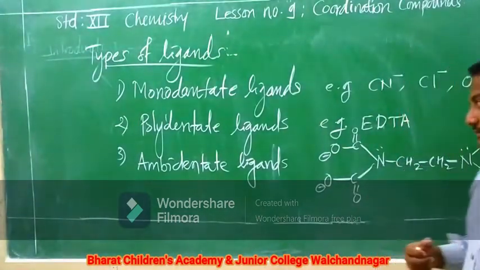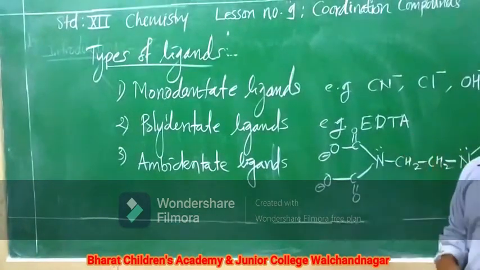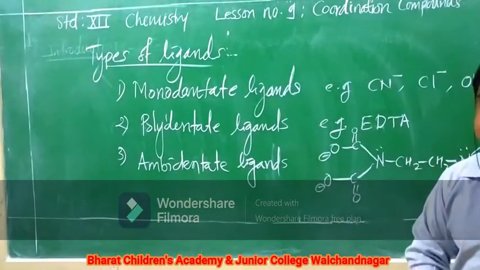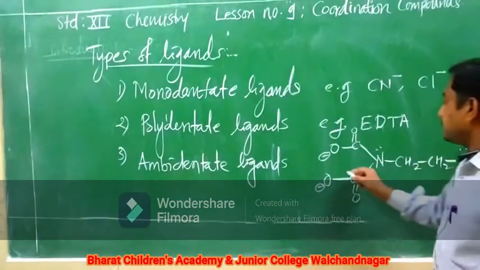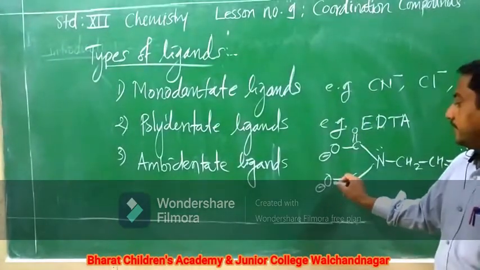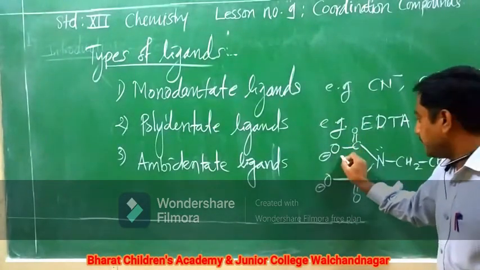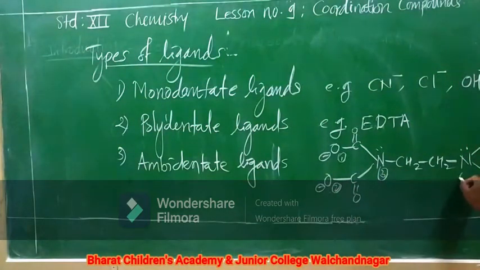Now you can find out how many teeth are available, how many atoms are available to connect with the central metal. You can just see this oxygen can form a bond with the central metal. Even this oxygen: number one, two, three, four, five, and six.